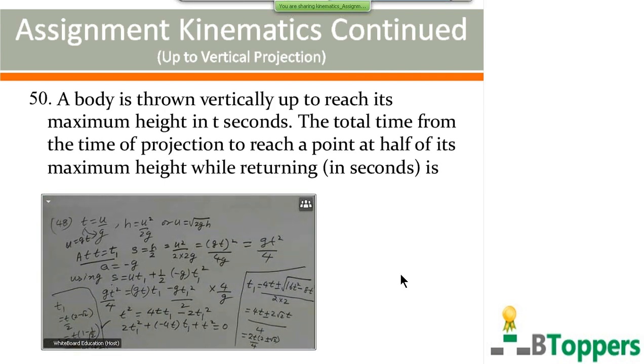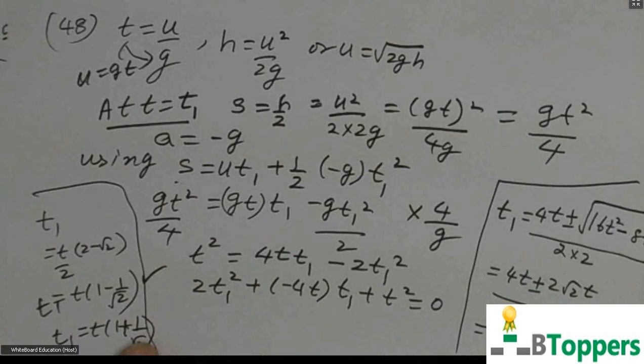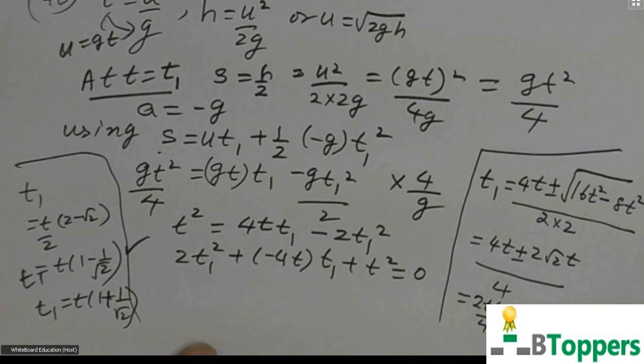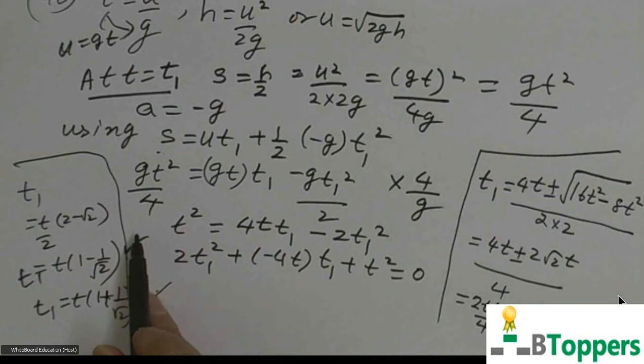That means if you look at the solution of 48 again, you can look at the solution of the 48th question. We got two routes for T1. The first value of T1 is the answer for 48. The second value of T1 is the answer for question number 50. That means the first value of T1 gives you the time after projection at which it is at half of the maximum height during the upward motion.